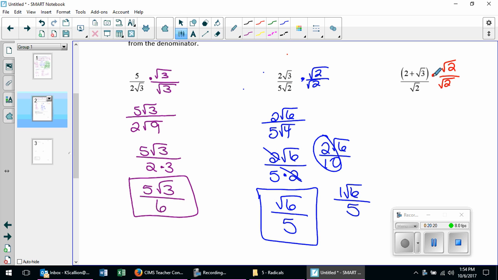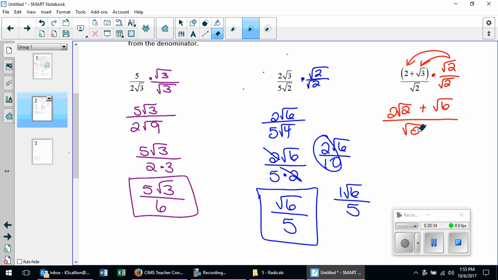So the numerator has to be distributed, so it has to go here, and it has to go here. So I'm going to have 2 root 2 plus root 6 all over root 4. So I'm looking at 6.